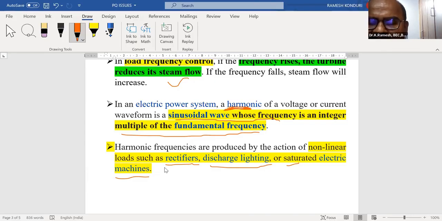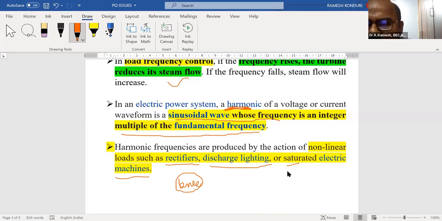At a point called the knee point, K-N-E-E, beyond that, if you go on increasing the excitation current or the flux, the corresponding EMF would not go in a linear way. It goes in a non-linear way. That's what is called saturation. The machine enters into saturation. So this saturation of the machines leads to harmonics.